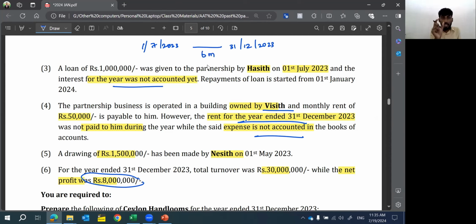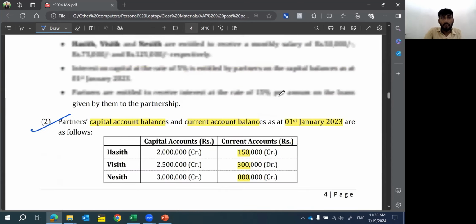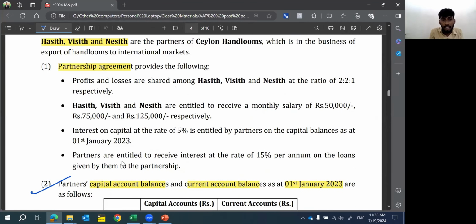So we need to pay interest only for that 6-month period. How to calculate the interest then? 1 million, I would take it as 1,000. And what does the agreement say? The agreement says partners are entitled to receive interest at a rate of 15% per annum. I considered that.